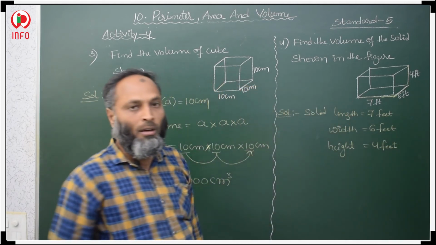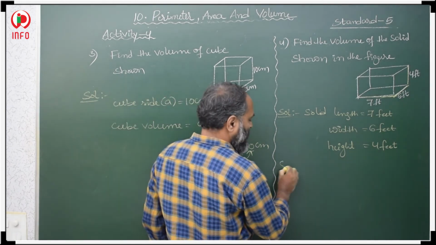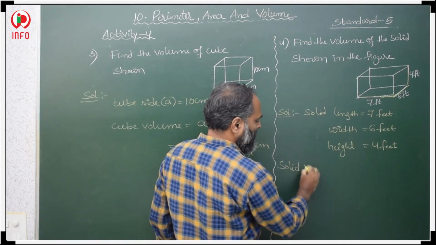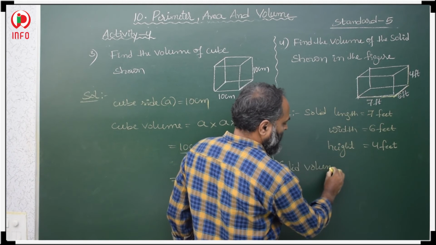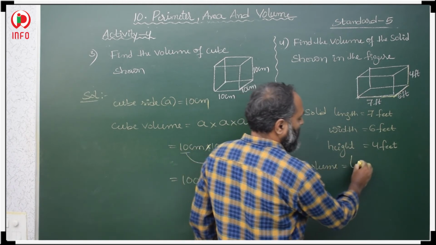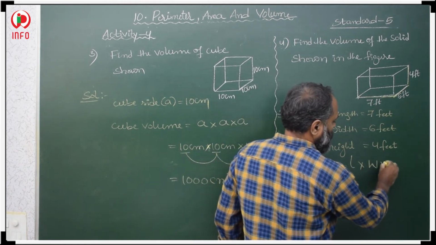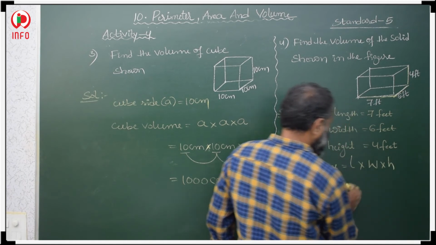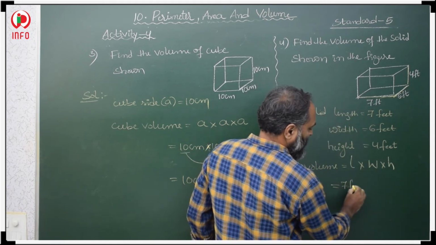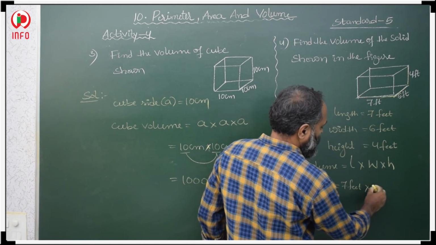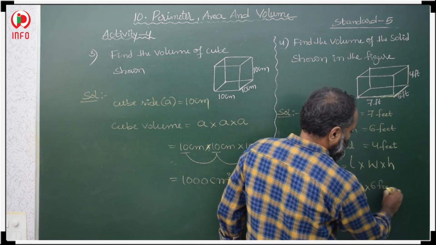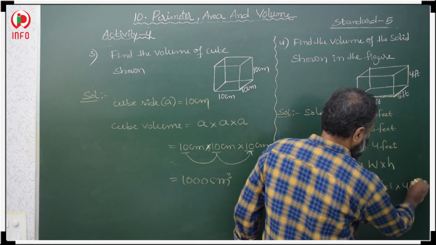Now the solid volume is equal to length into width into height. What is the length? 7 feet, width 6 feet, height 4 feet.